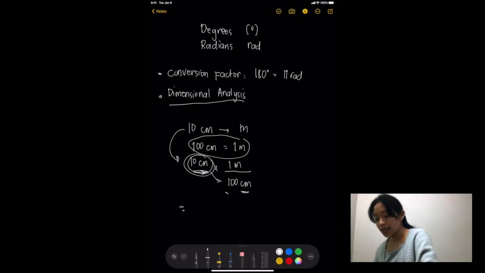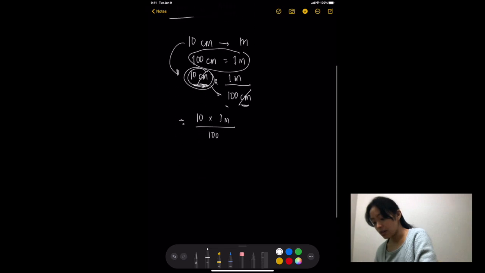So you have 10 cm times 1 meter over 100 cm. But since you have centimeters in your numerator and denominator, you cancel out the units because they're the same. So I'm now left with 10 times 1 meter over 100.